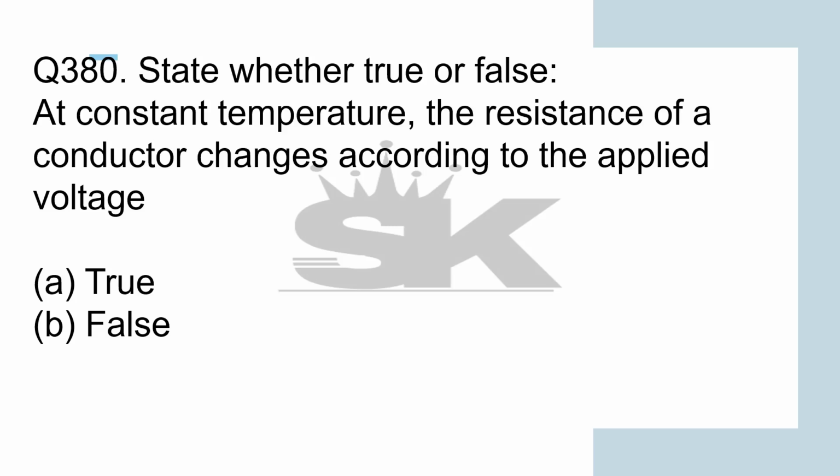State whether true or false. At constant temperature, the resistance of a conductor changes according to the applied voltage. It's false because resistance is independent of the voltage applied across it, right? So I'm going to write it here.